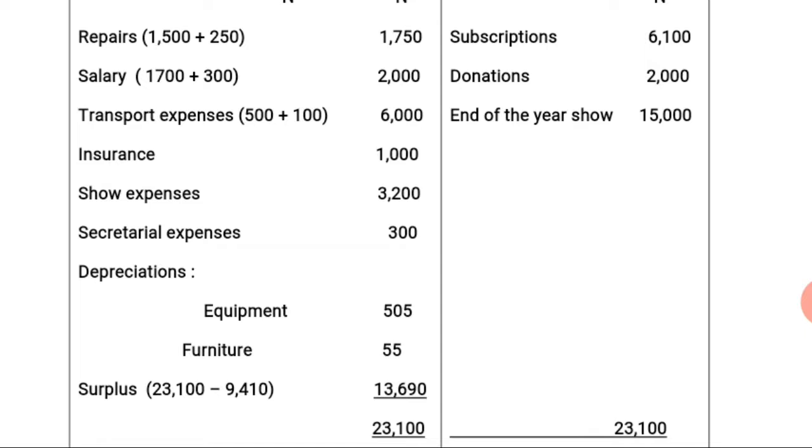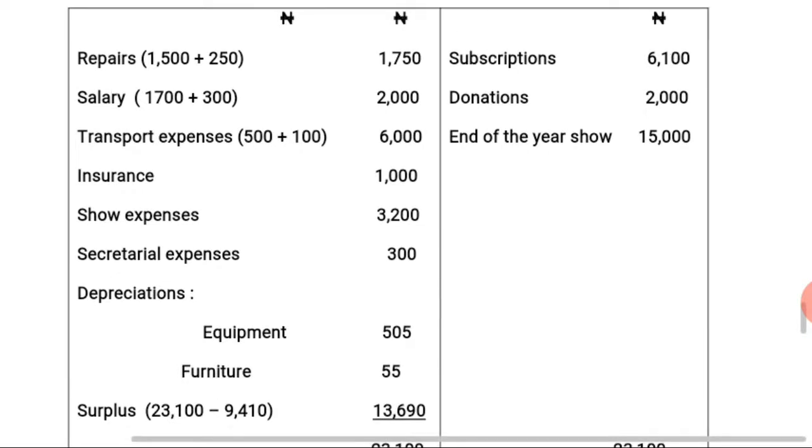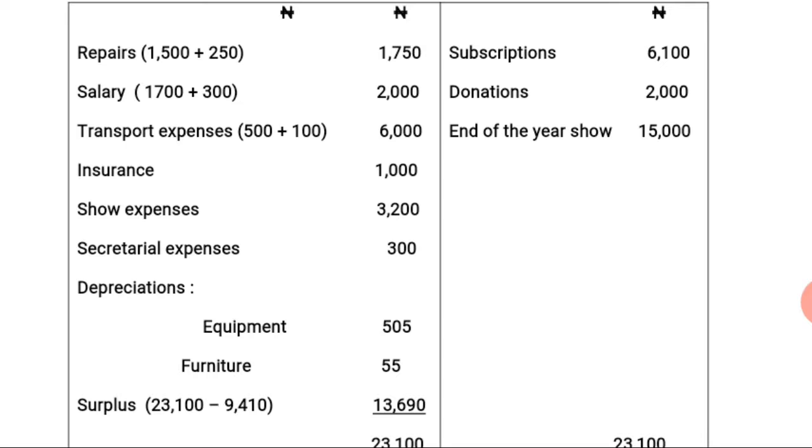So also salary amount paid was from our receipts and payments 1,700 naira plus 300 naira owing. That is stated in our additional information 3. So 300 naira owing, we add it to 1,700 naira paid in receipt and payment. Then we have 2,000 naira as salary.